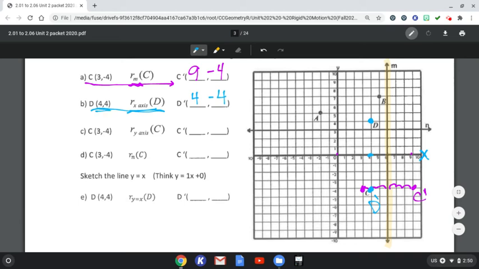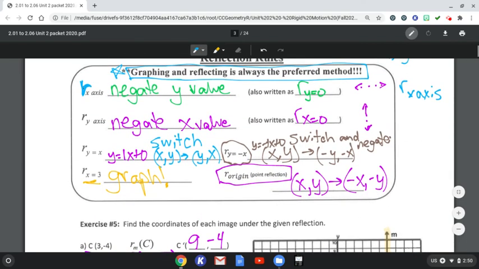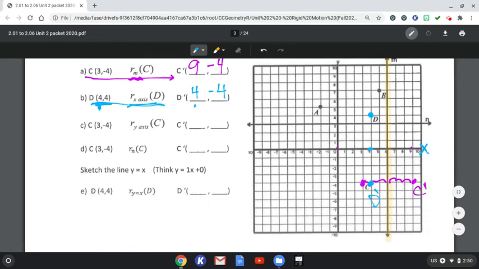Looking at that ordered pair, I kept the x value the same and I changed the sign of the y value. So that's what I meant up here when it says reflect over the x-axis to negate your y value. Now, if I was down at D prime and I needed to go over the x-axis, then it would have become 4, positive 4. So when I say negate, I mean multiply by a negative 1. So we're going to look at that here.